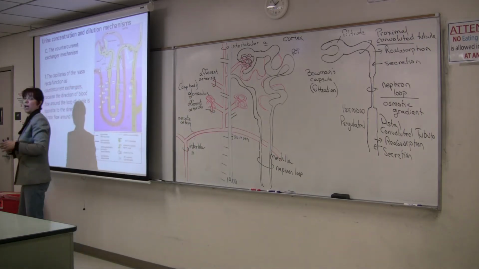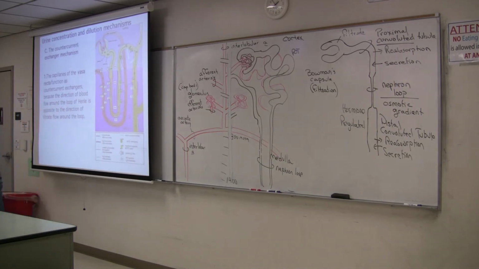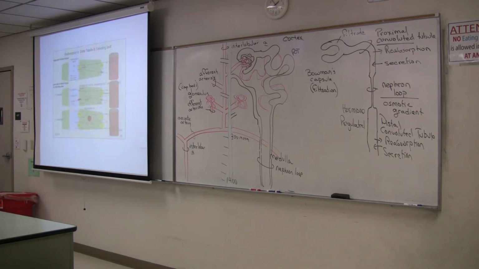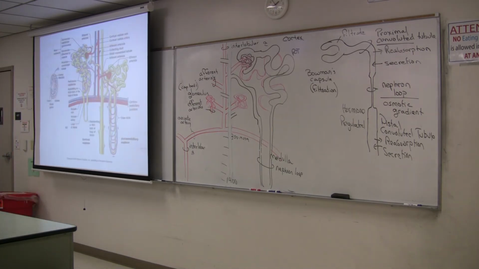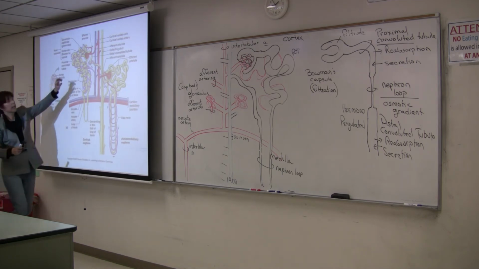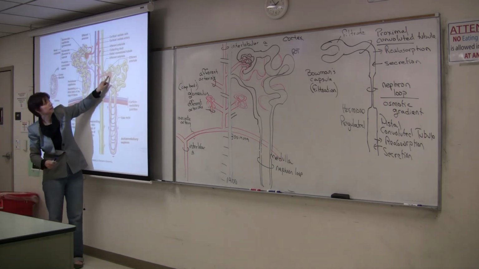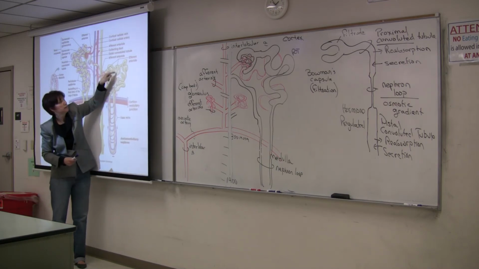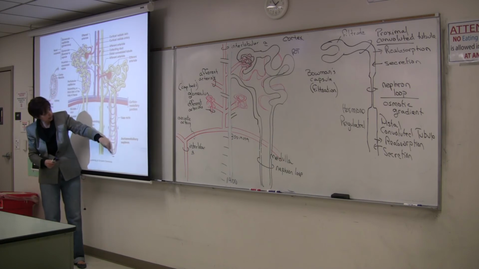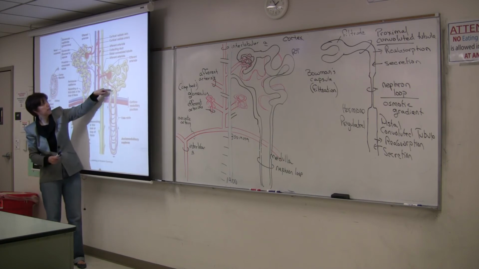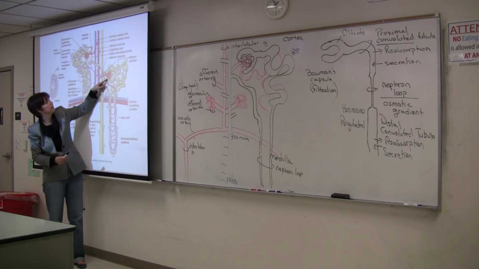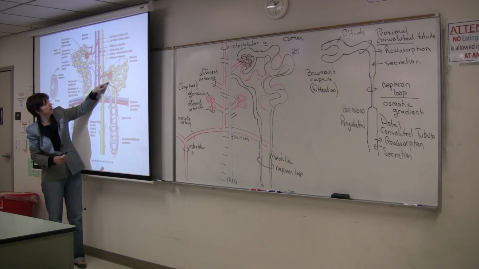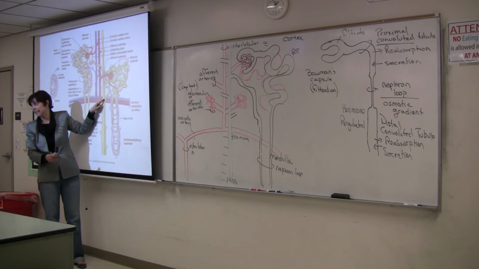So as you look on this diagram, here is the capsule. Attached to the capsule is the proximal convoluted tubule. It dips down as the nephron loop, comes back up as the distal convoluted tubule, and empties into the collecting duct.